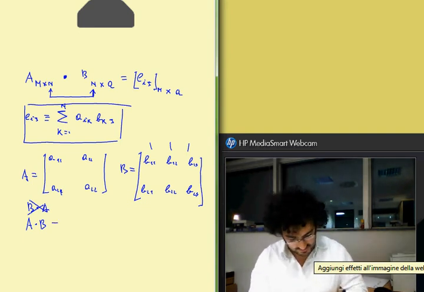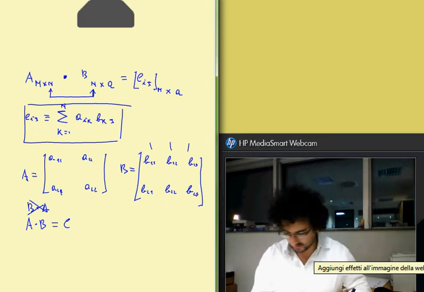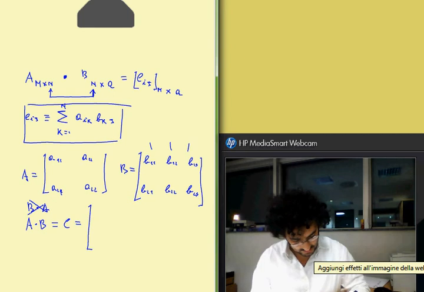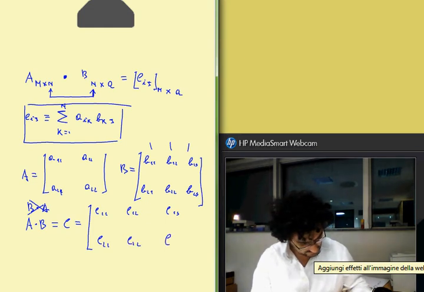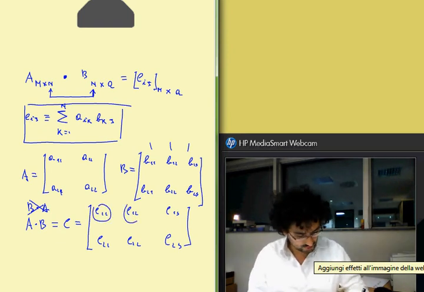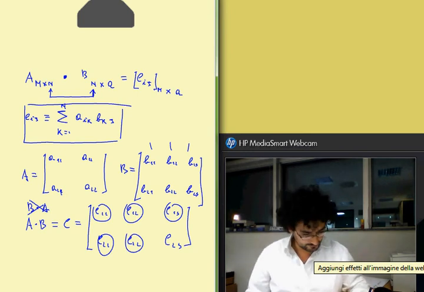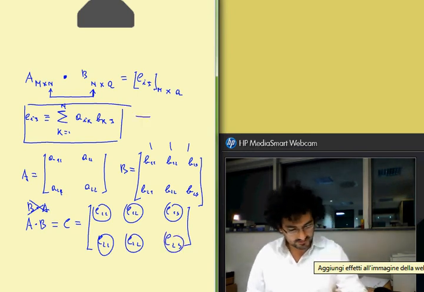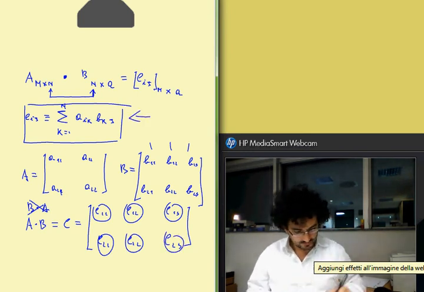A times B is our matrix, we can call C, and we have the elements C11, C12, C13, C21, C22, C23. We need to understand how to compute each one of the elements of matrix C, and we have to apply this formula.